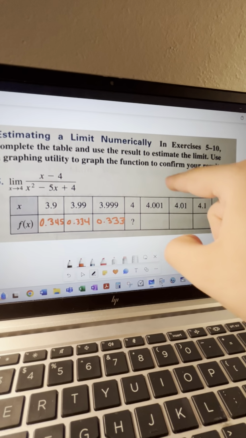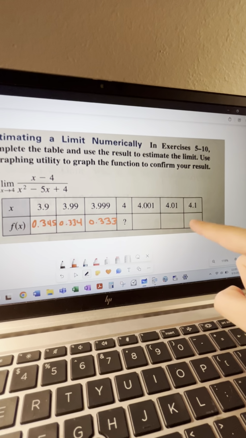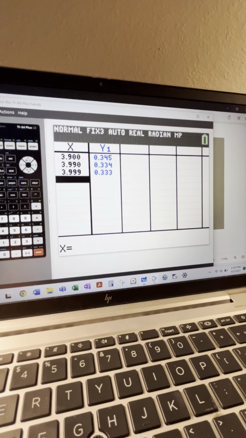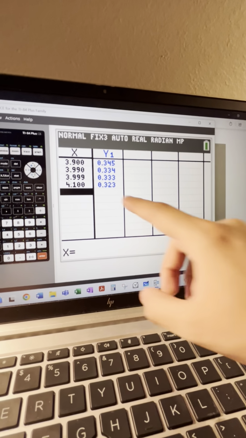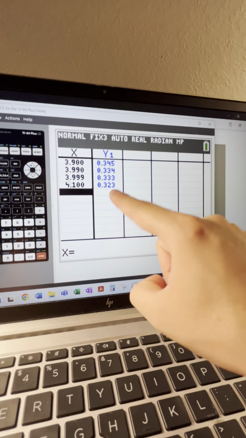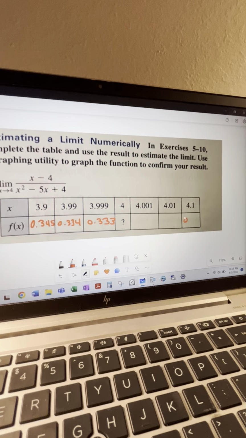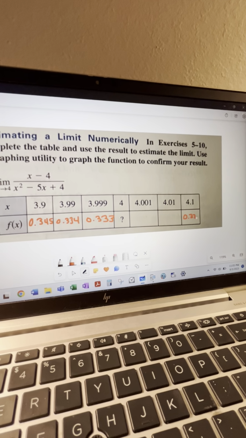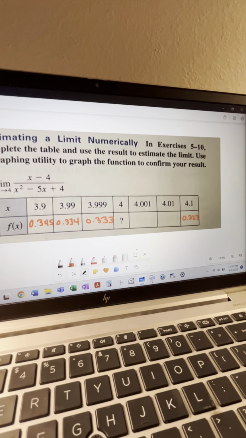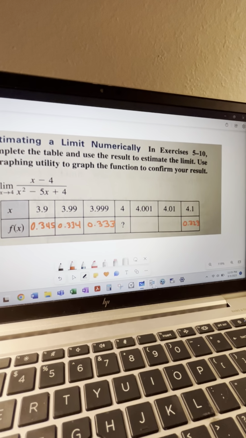Now let's go on to the right hand side and let's start off with 4.1. So x equals 4.1. 0.323. We're almost done here. All right, so our next x value is 4.01.